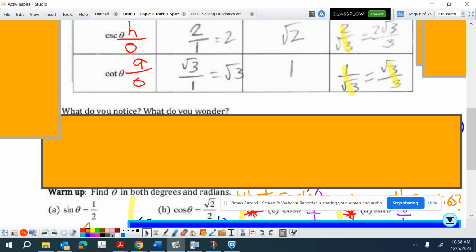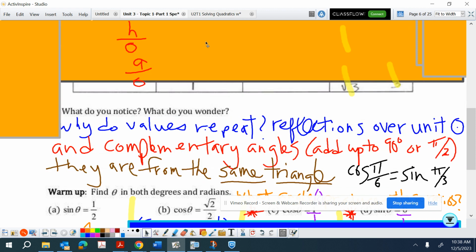So, of course, we've got our what do you notice, what do you wonder question, and this is what I would write here. Why do the values repeat? Well, first of all, the reflections over the unit circle, but we'll learn that in a few lessons. But they're also complementary angles, meaning they add up to 90 degrees within the same triangle.